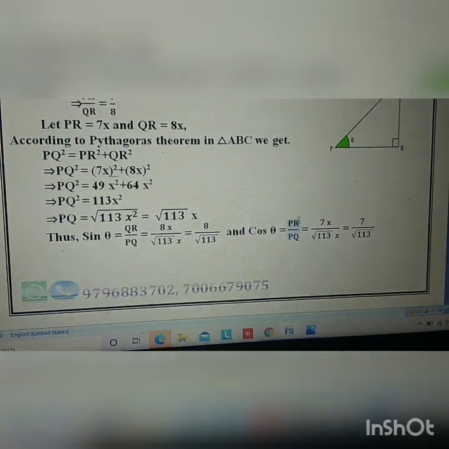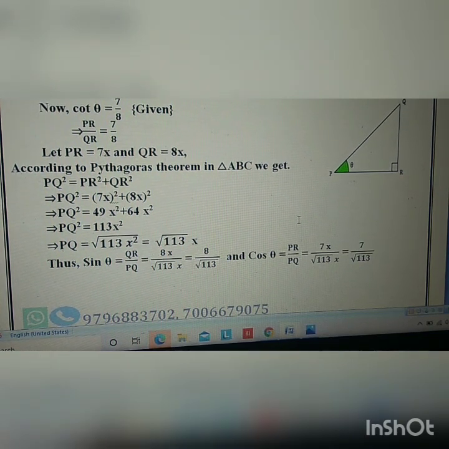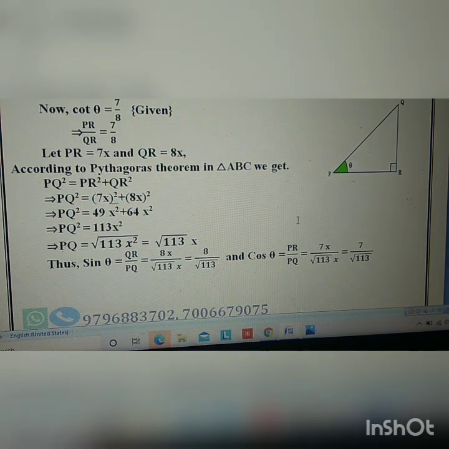Let us focus on the figure. For the given figure the hypotenuse is PQ. So sin theta is QR upon PQ, perpendicular upon hypotenuse, and the value of QR is 8x and the value of PQ is under root 113x. So sin theta comes out to be 8 upon under root 113.